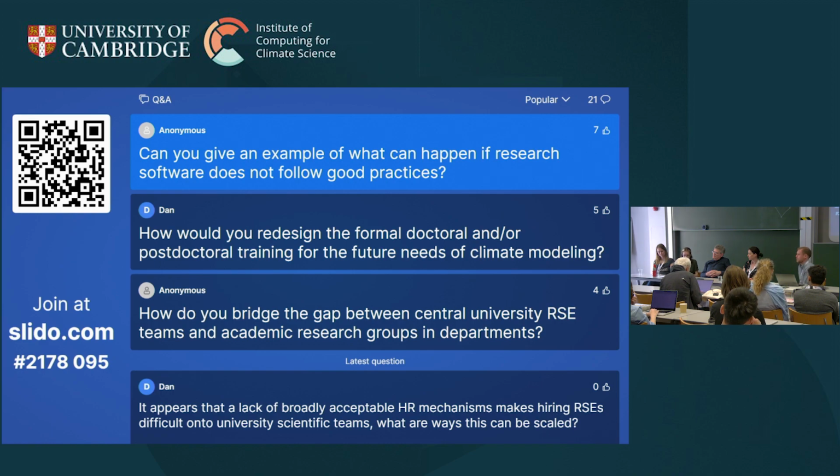When new RSEs and researchers come in, there's a training period where they're getting spun up on the software, tools and libraries, and it takes time. People are most productive once they're really familiar with the tools they need. So it ends up a cycle of staff coming in, getting trained up, getting demoralised, and leaving.